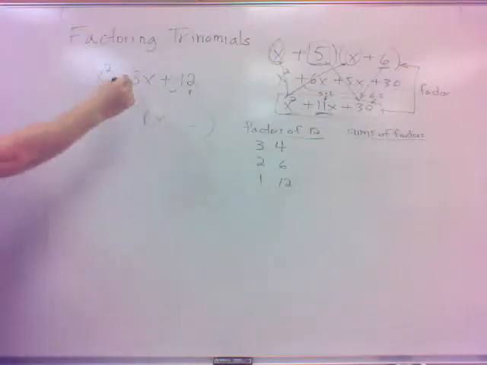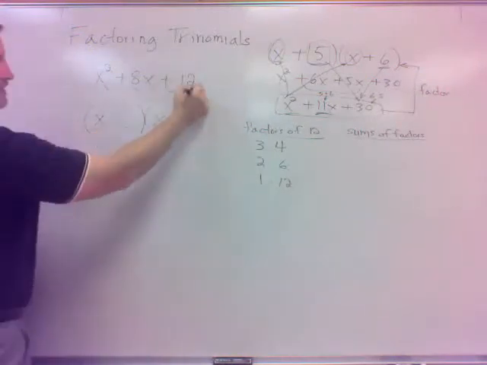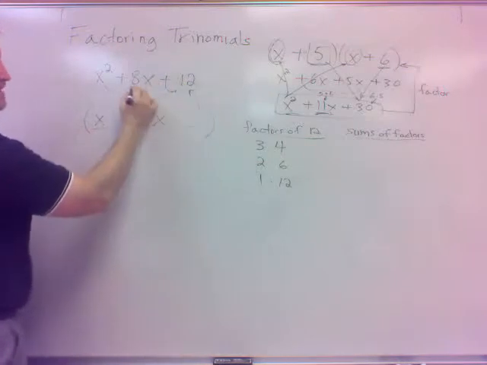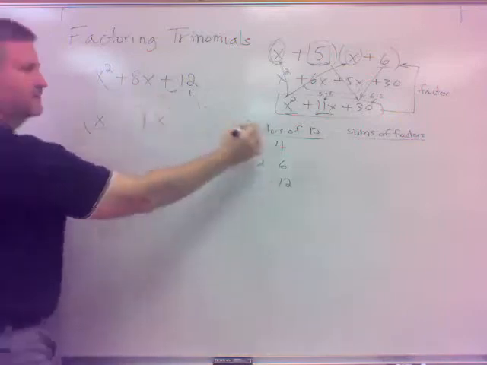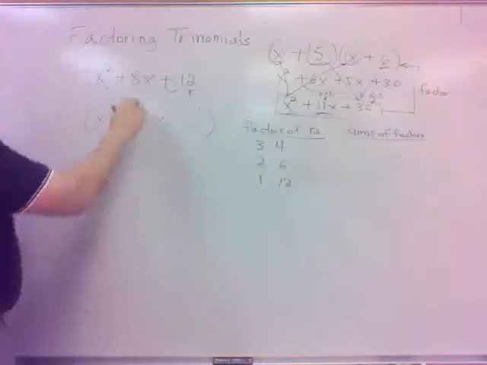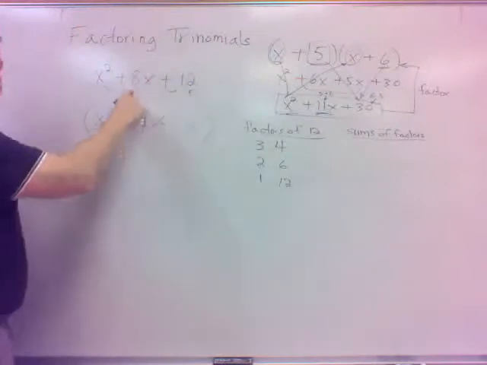Because in my case here, I need a pair of factors of that, but I need those factors to add to be the 8, don't I? Just like 5 and 6 added to be 11. I need the factors here to add up to be the 8.